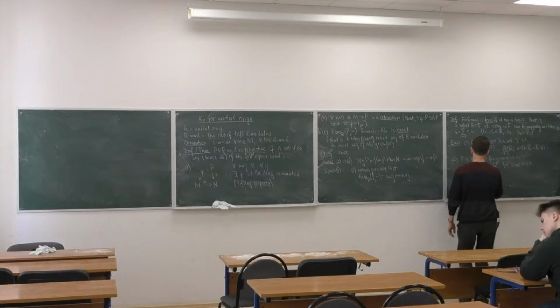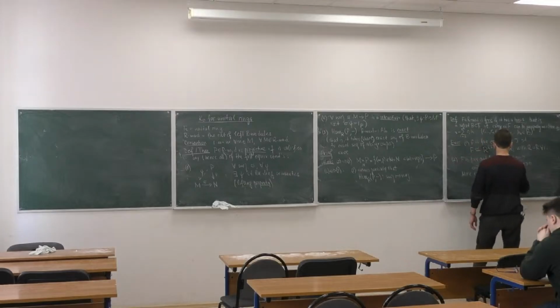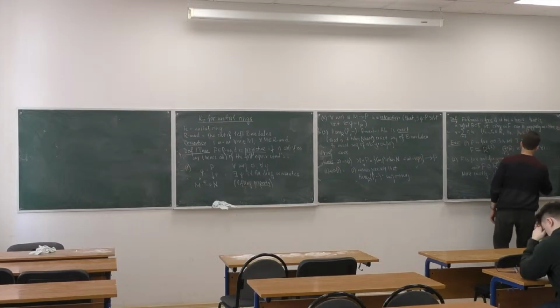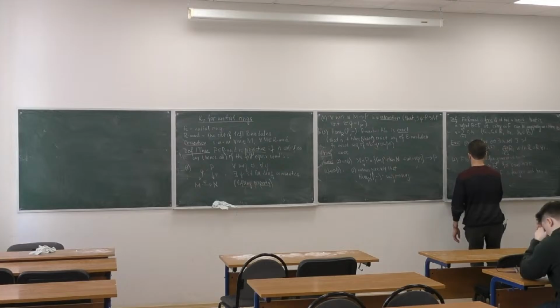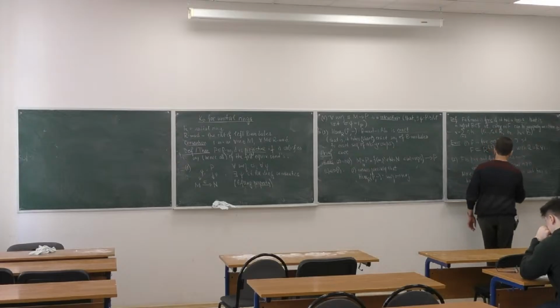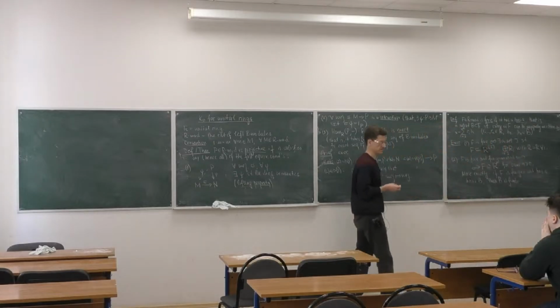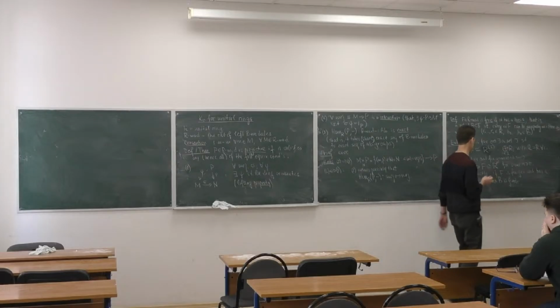More exactly, I claim that if F is finitely generated and has a basis, let's denote this basis by B, then B is necessarily finite. This is maybe not entirely immediate, but this is a simple and useful exercise.